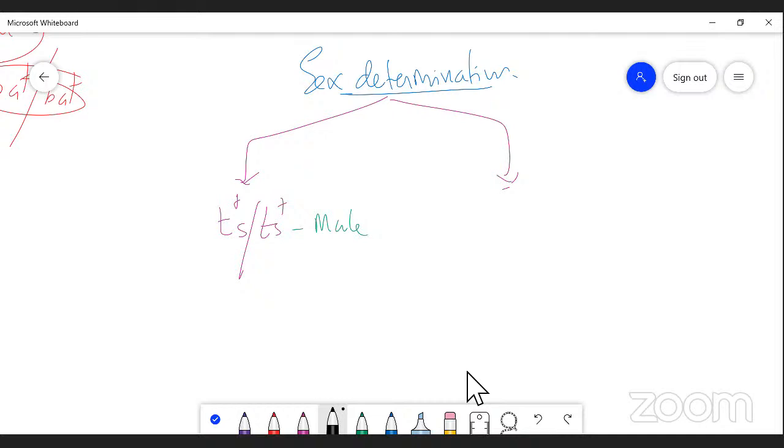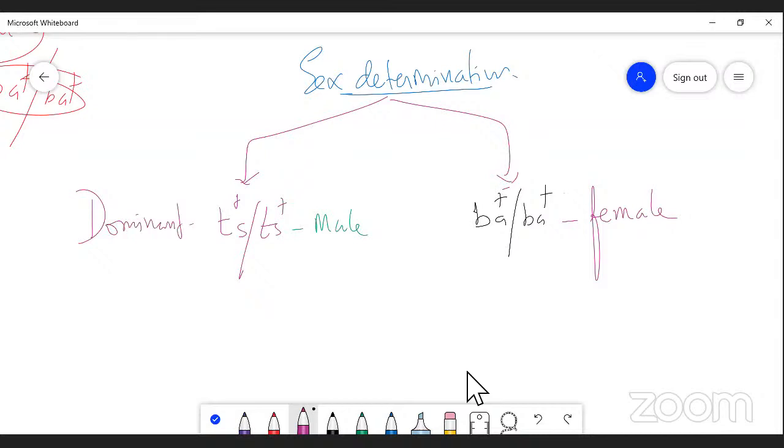And instead of TS, BA and BA plus determine the female. We have taken dominant alleles. So the dominant allele TS determines maleness, and the dominant allele of BA determines femaleness.